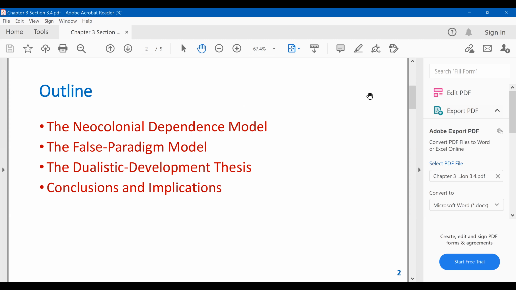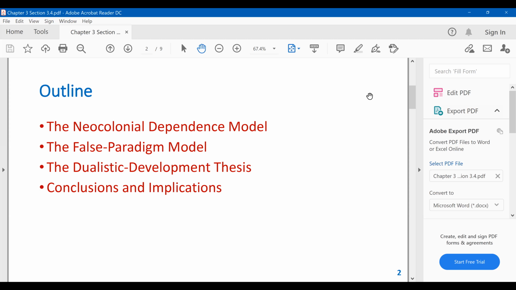Then there is also this thing called the false paradigm model. This model suggests that some countries are given the incorrect development recipes, incorrect development policies by the central force of global capitalism.